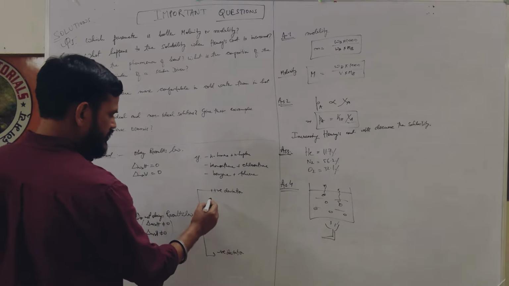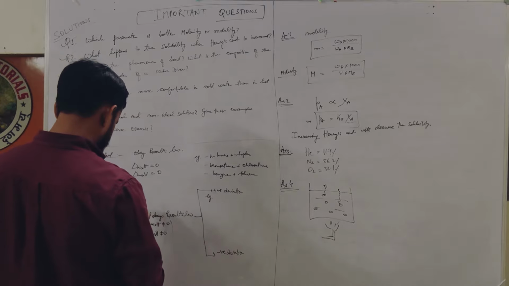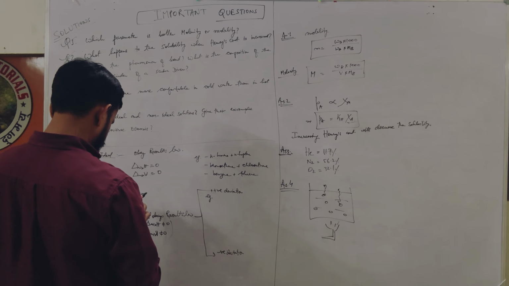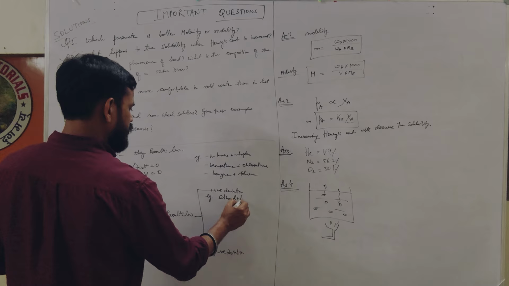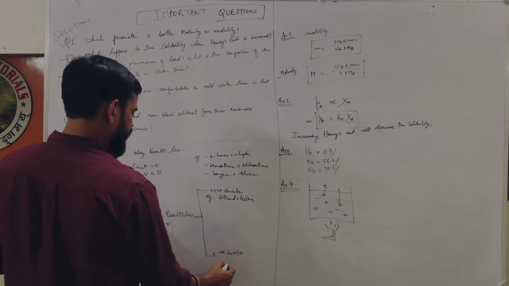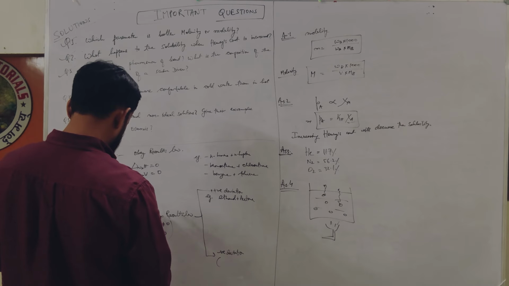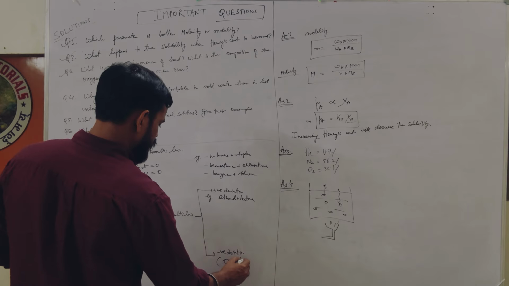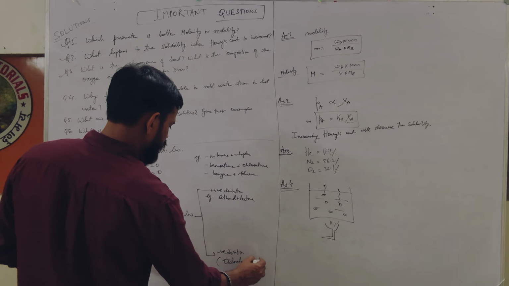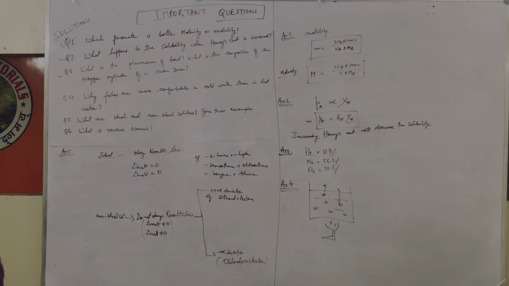In positive deviation, examples are ethanol and acetone, and in negative deviation, an example is chloroform and acetone. All right, so the last important question from this chapter is, what is reverse osmosis?